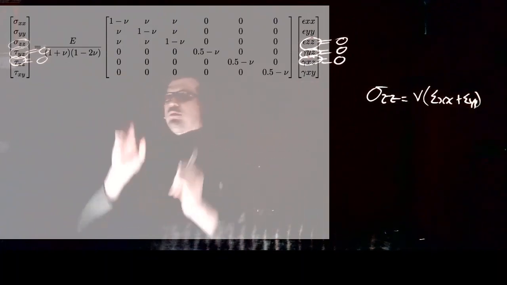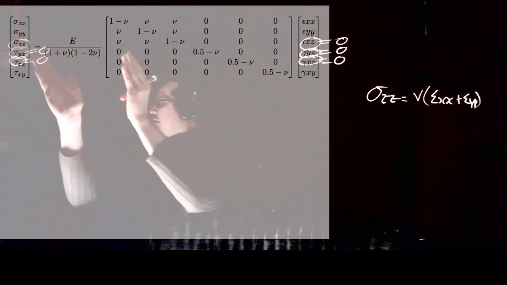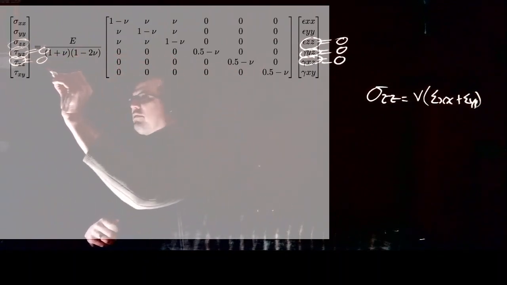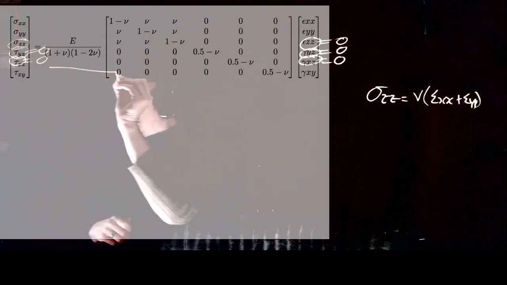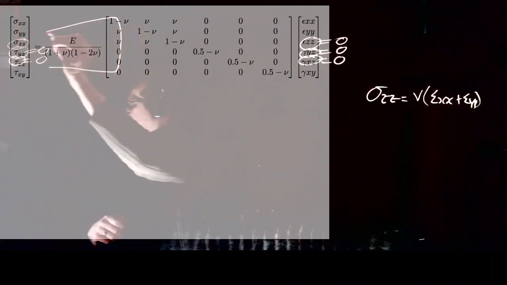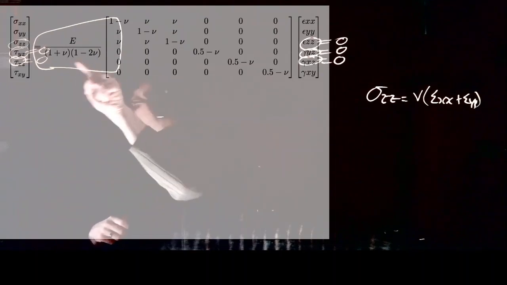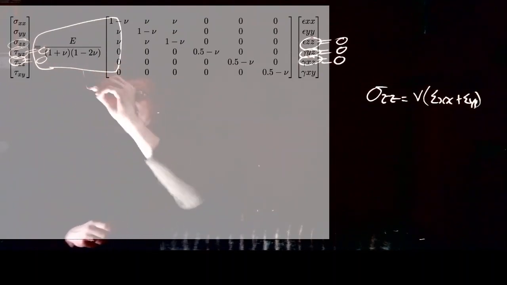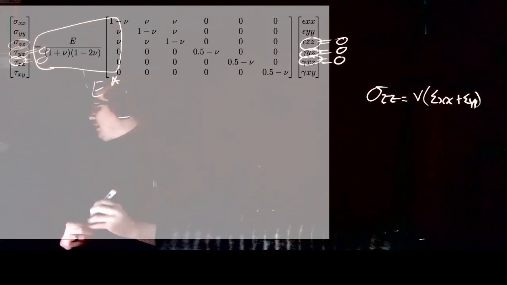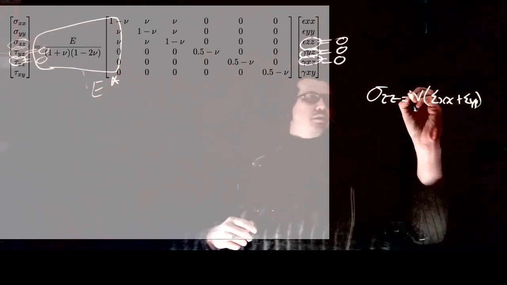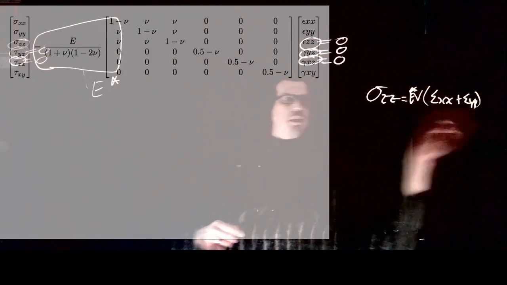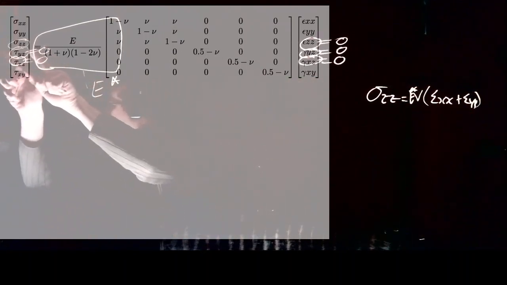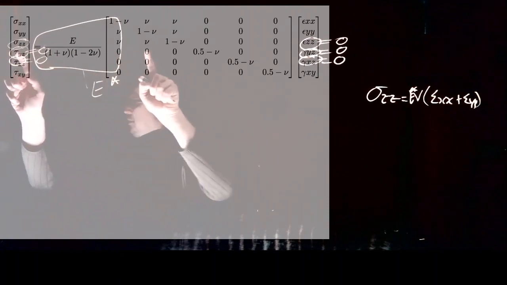And then I have all this stuff in front, which, to simplify, I'm going to call E star: E over 1 plus mu, 1 minus 2 mu. So let's call that E star, and then this would be E star multiplied by that for epsilon ZZ.